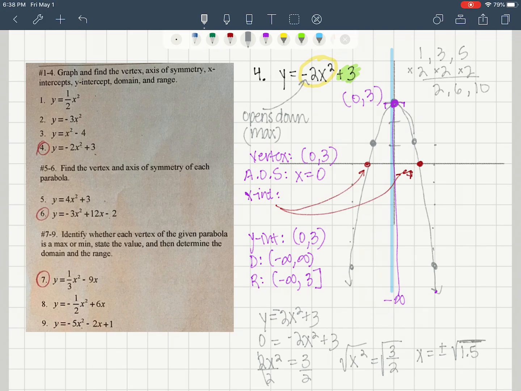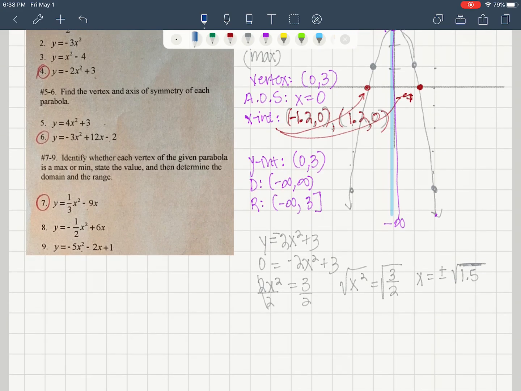And the square root of 1.5 is going to be about 1.2-ish. You can put that in your calculator and check. So negative 1.2-ish and positive 1.2-ish. Let me write that so that you can see it. That's how we find that.